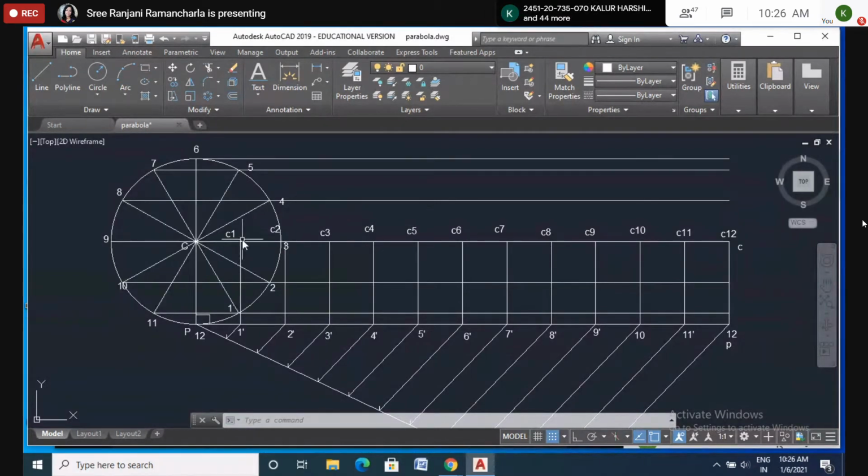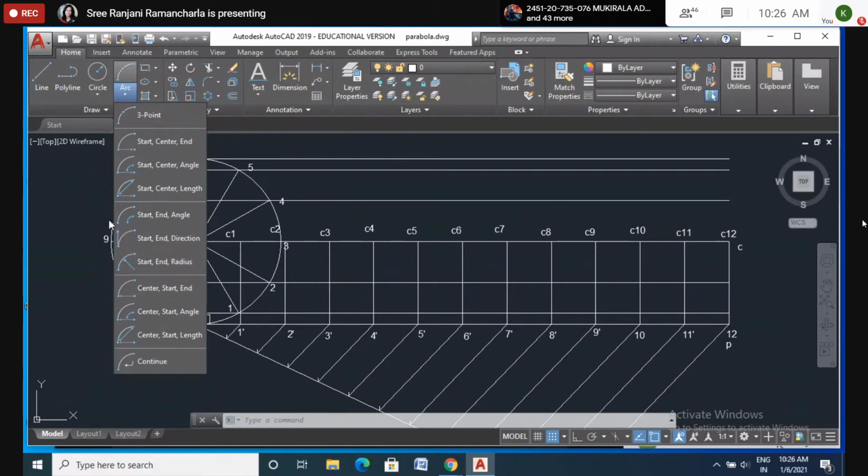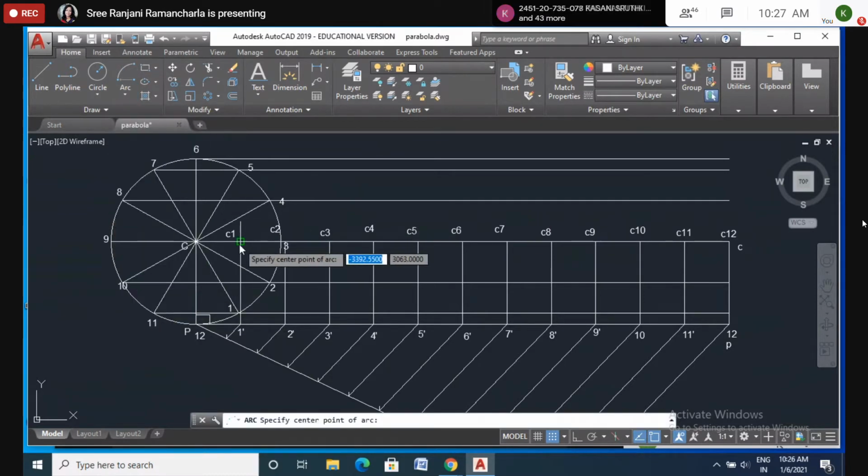C1 as a center. Cut this first line. The first line means the line is passing on point 1. You cut here. So now I will do arcs here.